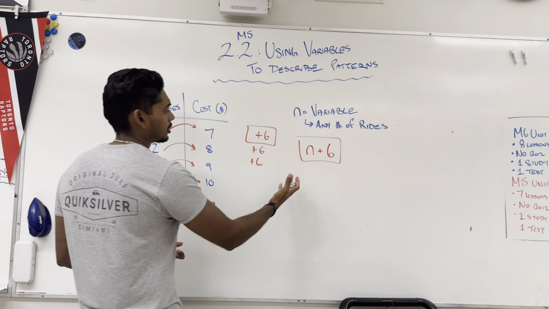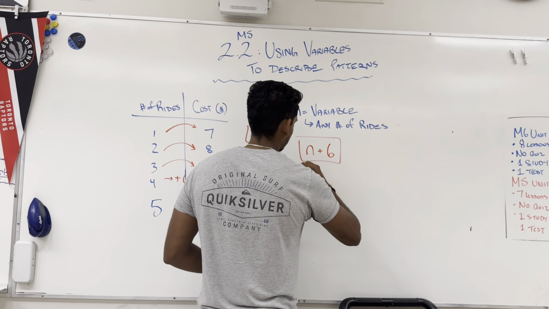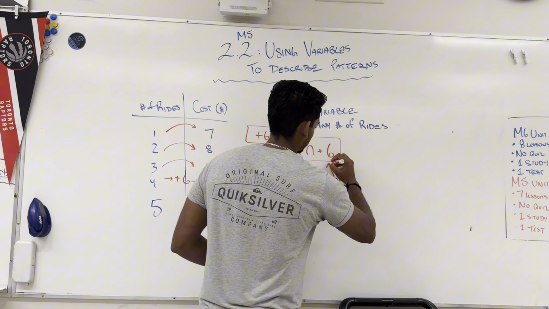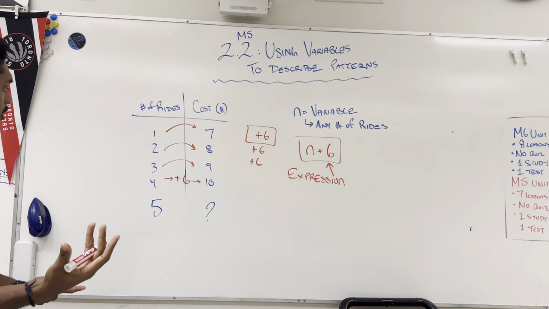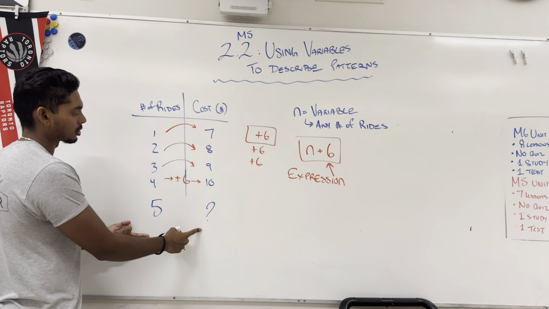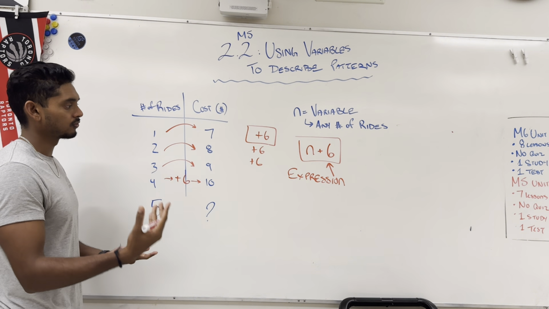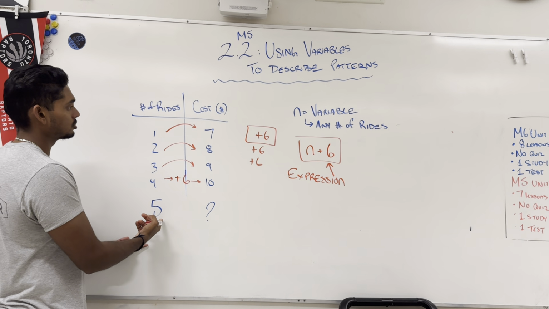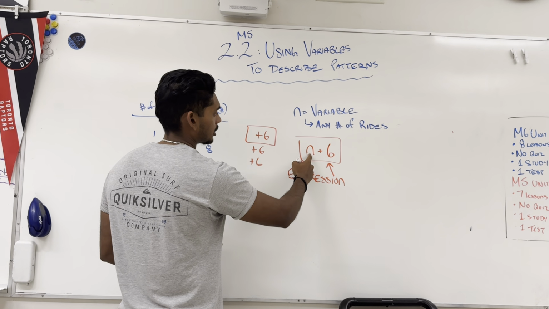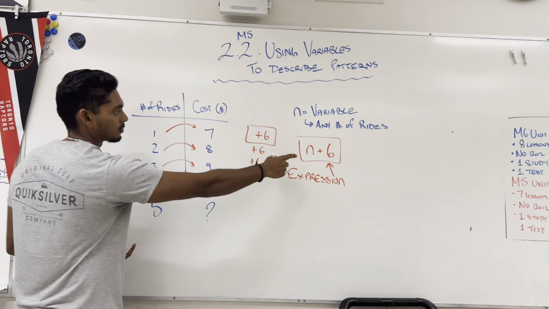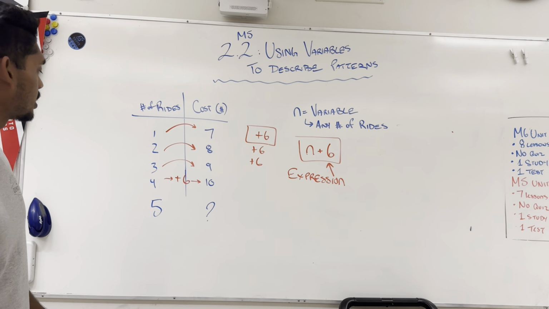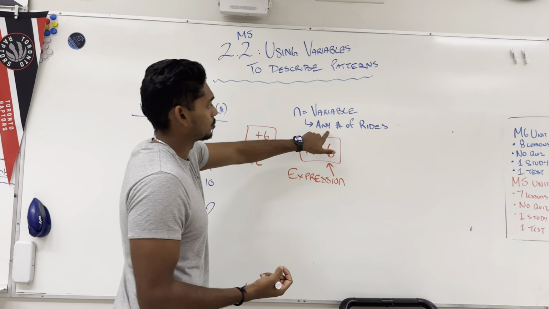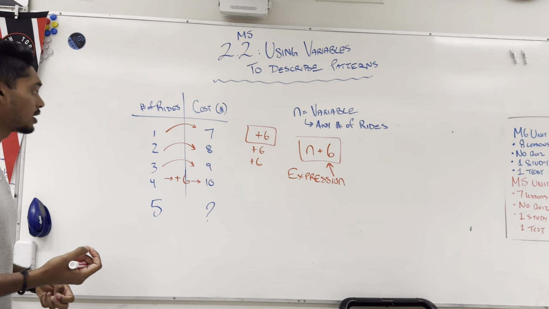Now that we know this is our expression, we can use this to predict the future. For example, if I want to know how much it's going to cost to go on 5 rides, all I have to do is put the number of rides in for n, the variable. Remember, the variable is a symbol that represents whatever you choose. We chose it to represent any number of rides.